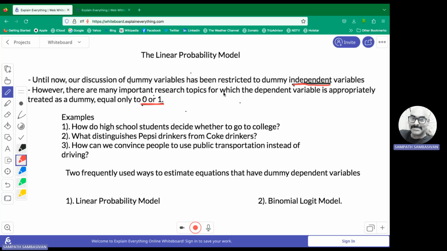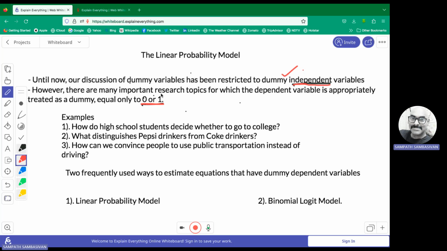Female was the dummy variable that we considered, and we assigned a value of 1 if the worker is female and 0 if male. Similarly, I think we have mentioned pension plans. Such things were independent variables. We considered dummy variables only as independent variables, right? Till now, all our discussions were focusing on dummy independent variables.